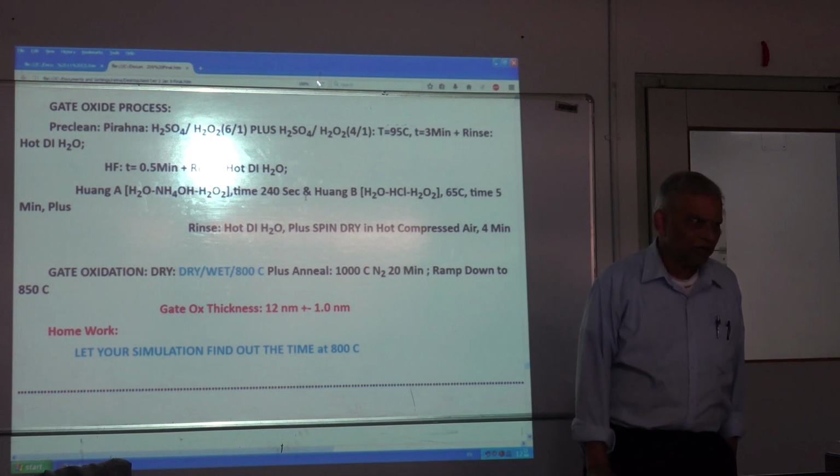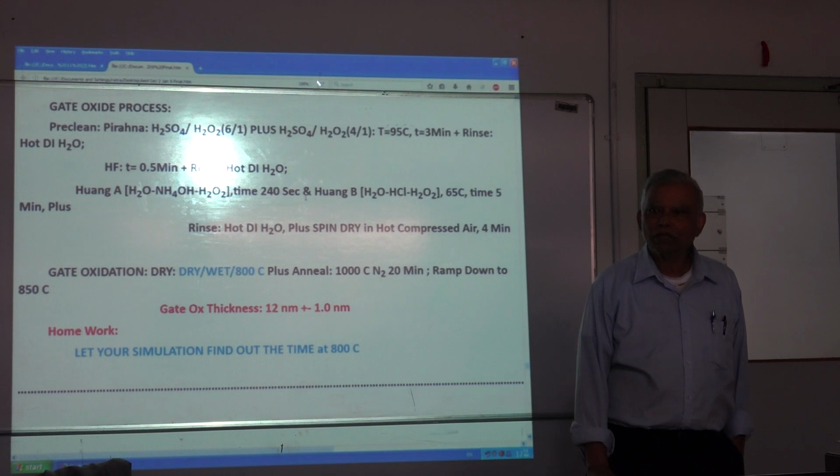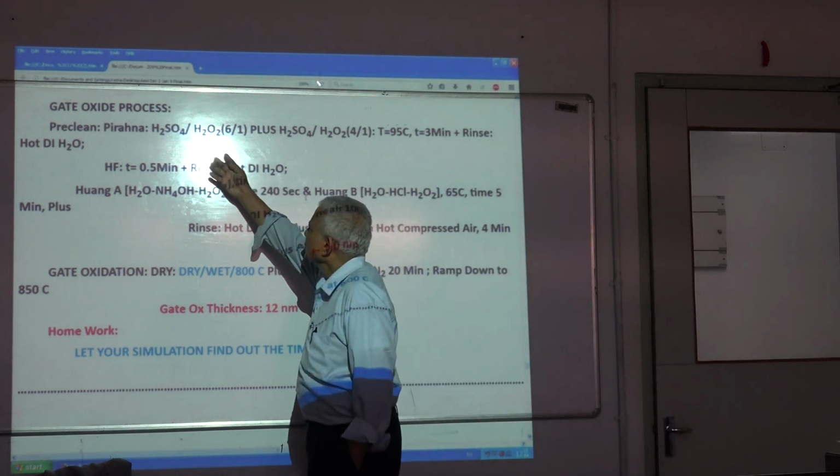We're talking about very, very small levels of allowed defects and contamination, almost to a point that you cannot measure. That's why cleaning is so important, and there's a fair amount of cleaning.